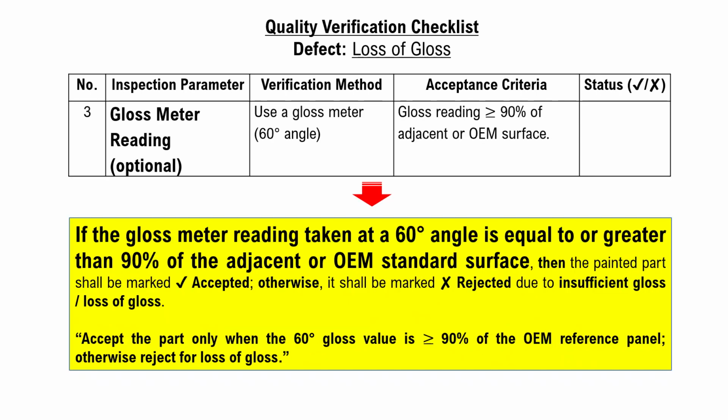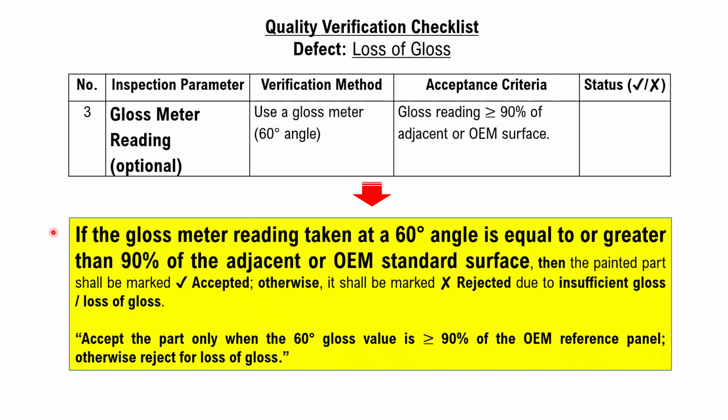The third inspection parameter related to loss of gloss after a repair is gloss meter reading. A gloss meter indicates the level of gloss, and the verification is to use a gloss meter at the 60-degree angle.